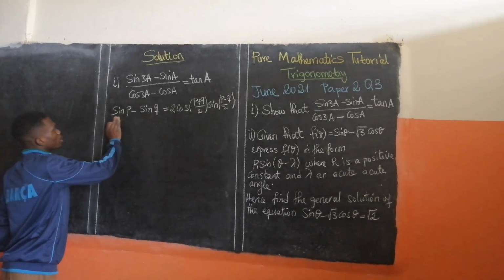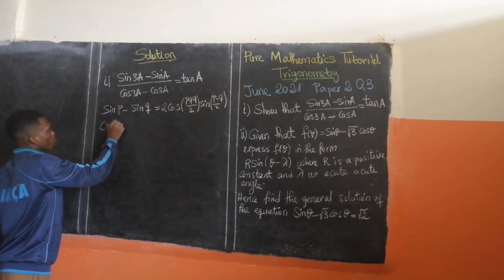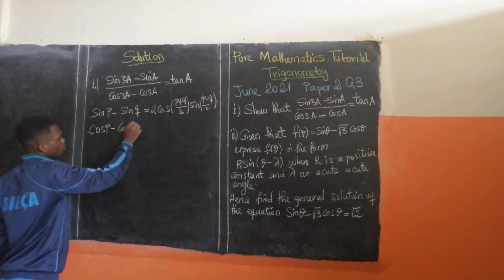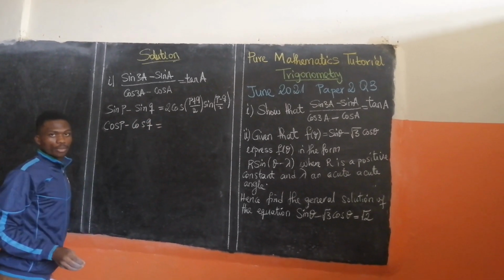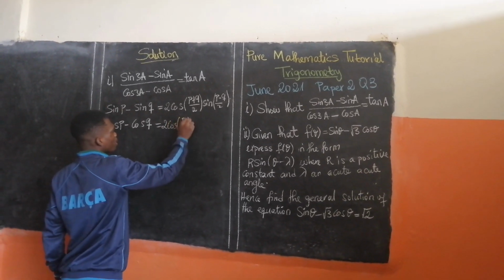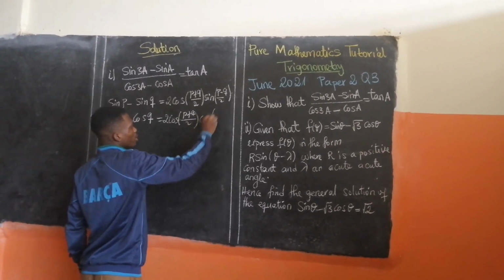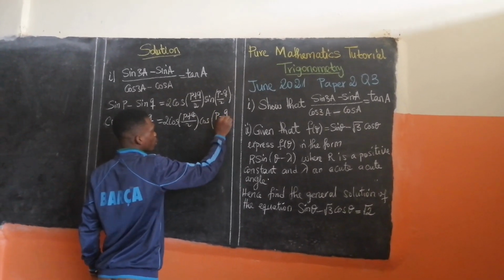Also, because in the denominator we have cos p minus cos q, it can be expressed as 2 cos of (p plus q) on 2, then cos again of (p minus q) on 2.